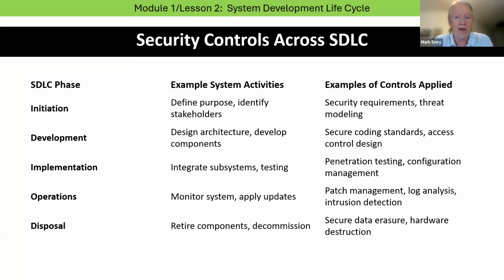The controls applied are secure coding standards, access control design, and encryption protocols. In the implementation assessment phase, we want to integrate subsystems, conduct testing, and validate safety. The controls applied are penetration testing, integration testing, and configuration management.